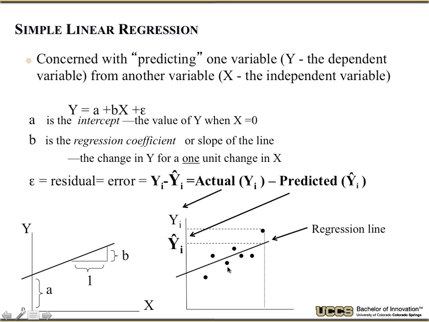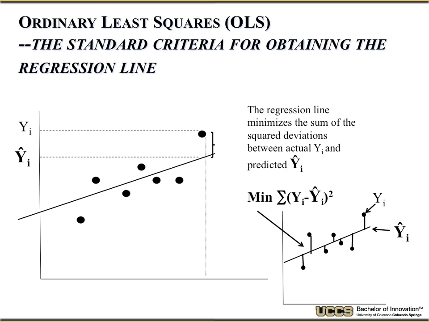So if this is my line, here's a point on the line, which is our prediction, and here's the actual point, then that vertical distance is the error. And this is what we call ordinary least squares. That's the standard criterion for obtaining a line in this type of regression. We're going to try to find the values such that I minimize the sum of the squares of the errors. And this is the standard regression line.